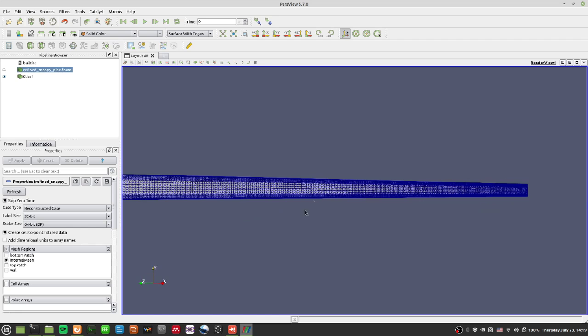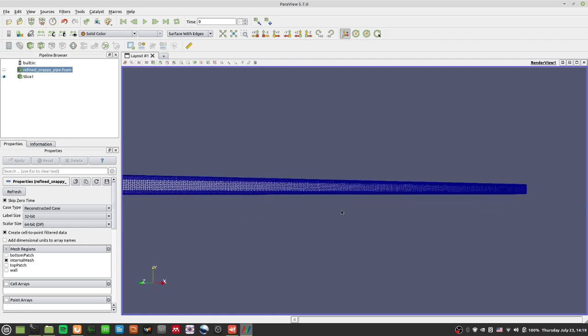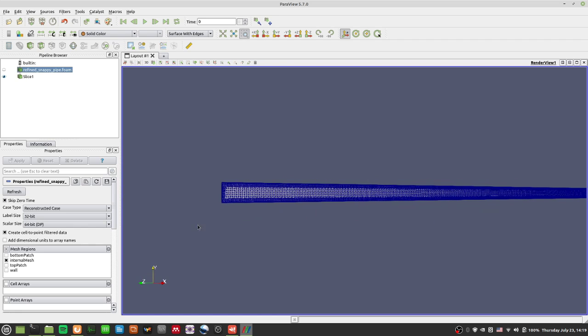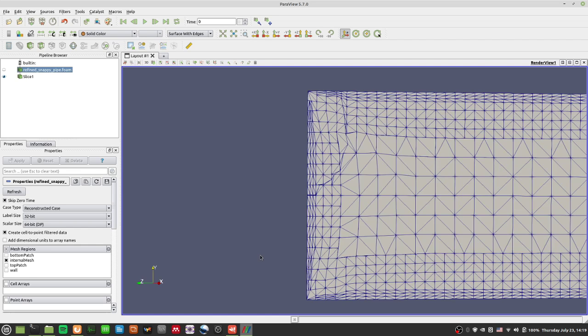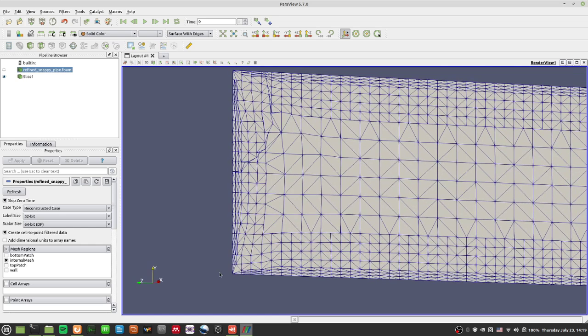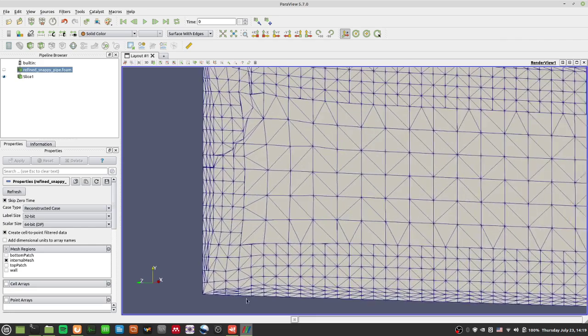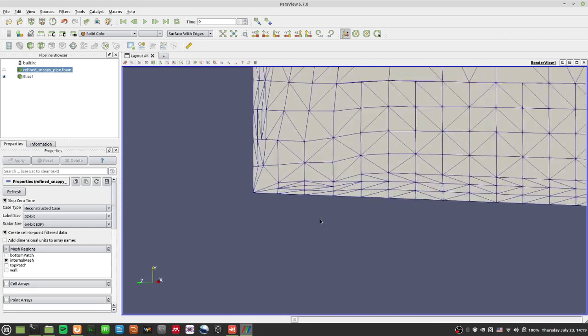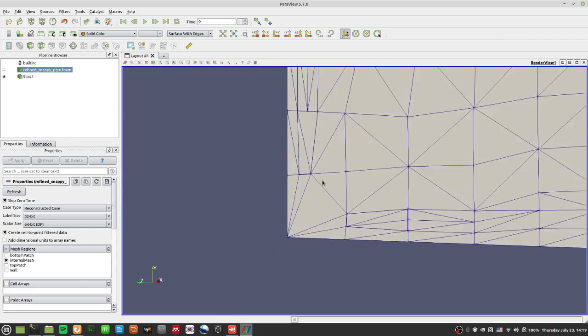Alright, so you can see that the mesh at the sides are very weirdly shaped, as you can see here.